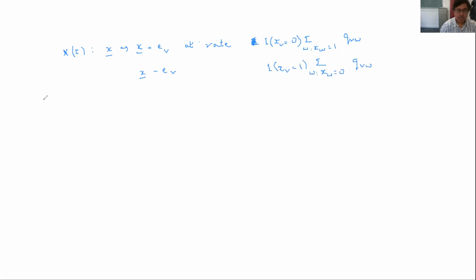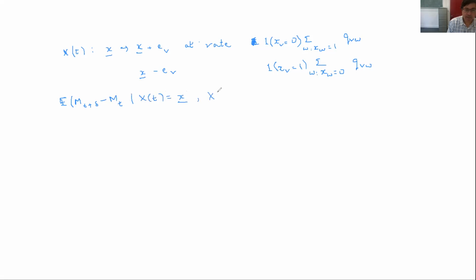Okay, so if we want to calculate the expectation of MT plus delta minus MT, given that XT equals X, and I also give you everything about the past.